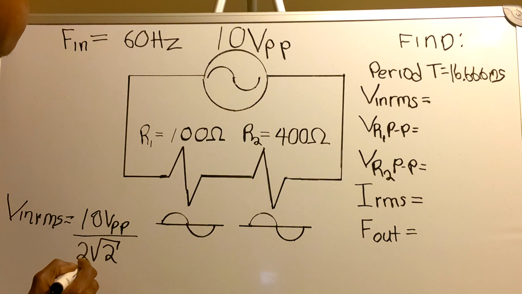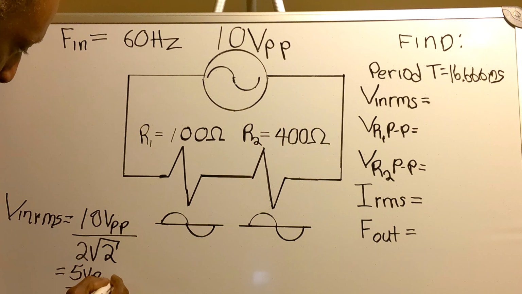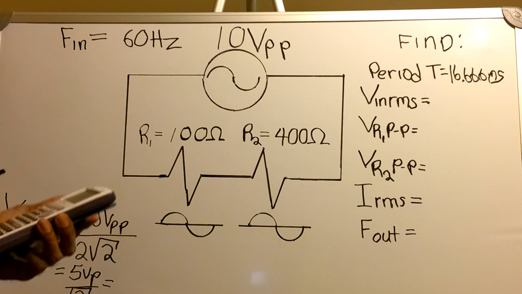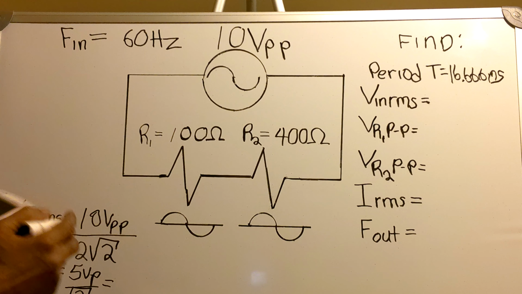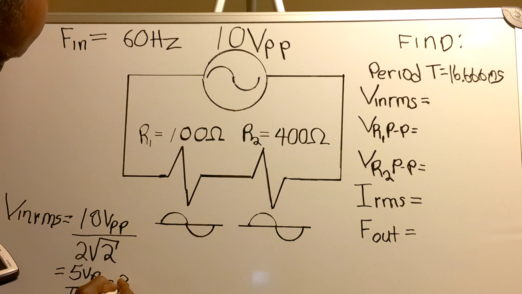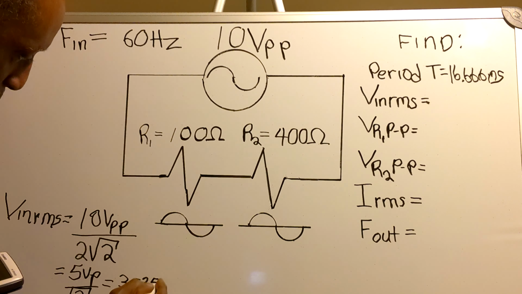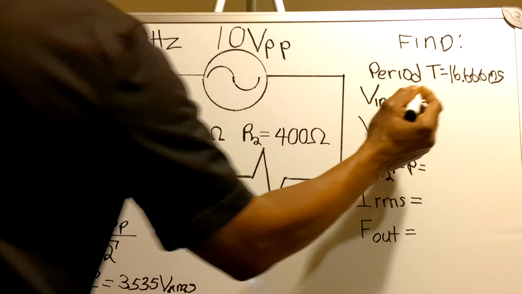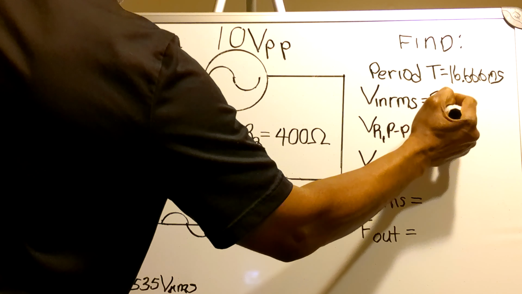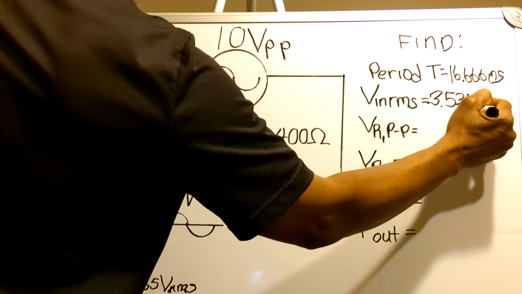That equals 5 volts peak divided by the square root of 2, which equals, I'm going to grab my calculator again, 5 divided by square root of 2 equals 3.535 volts RMS. The volts in RMS, 3.535 volts.